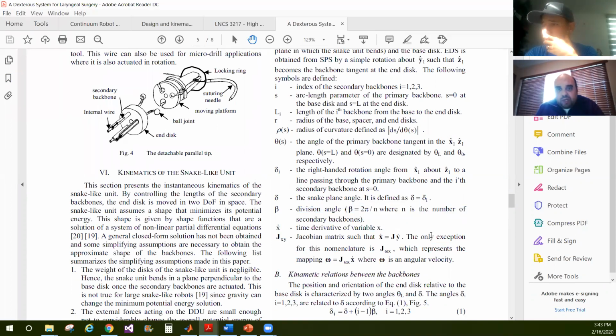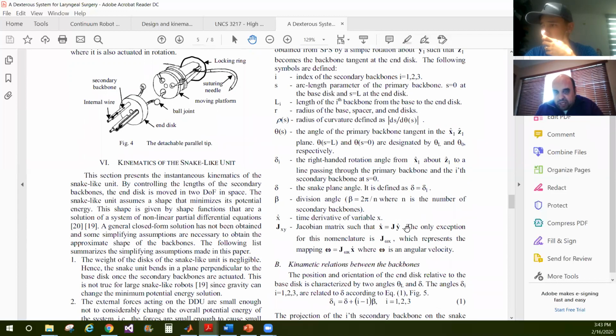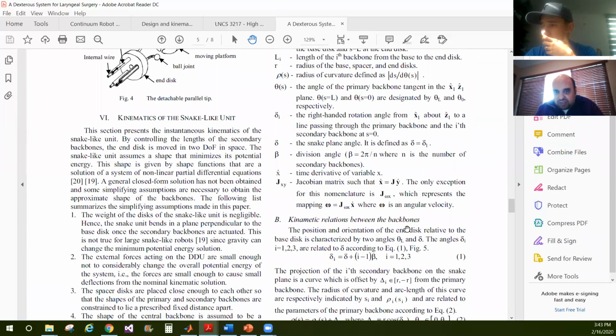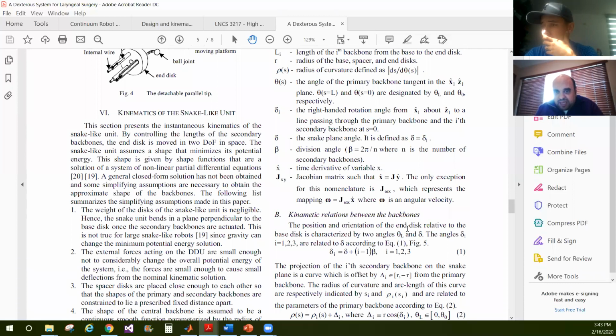So the first question: when I read the original paper, it looks like it's saying that the snake robot is made of 3 sections, and each section has a number of links in it. Are we doing it this way, or are we doing each link by itself separately?